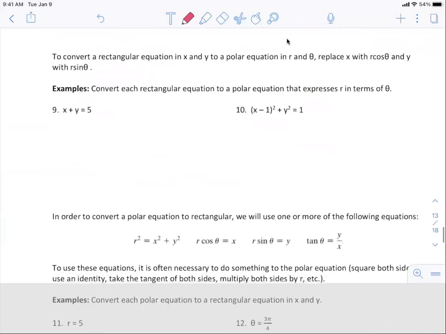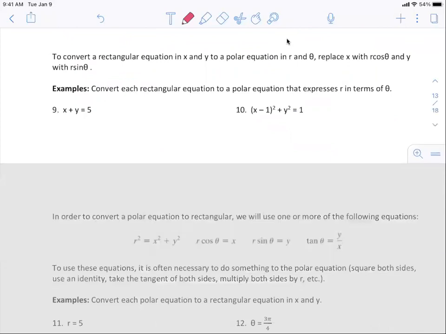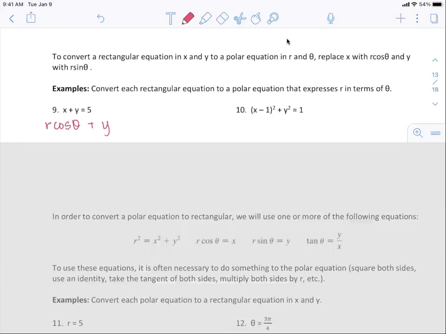To convert a rectangular equation to polar, this is the easier way to go. We want to replace our x's with r cosine theta and our y's with r sine theta. So to start on this first one, x is equal to r cosine theta plus y, whoops, we're replacing y. Y is equal to r sine theta, and that is equal to 5.